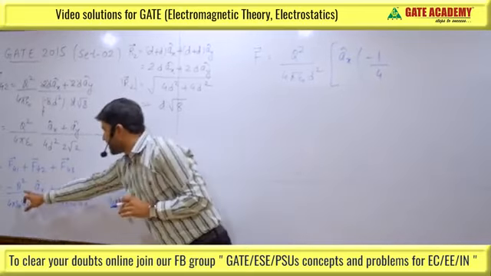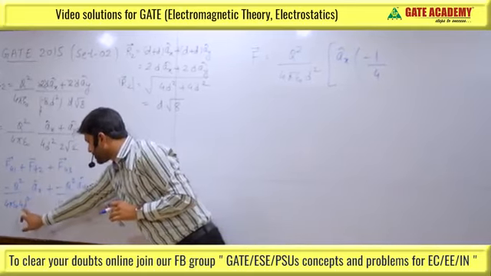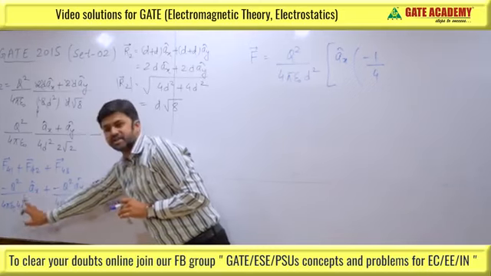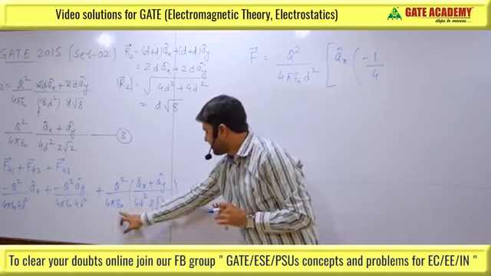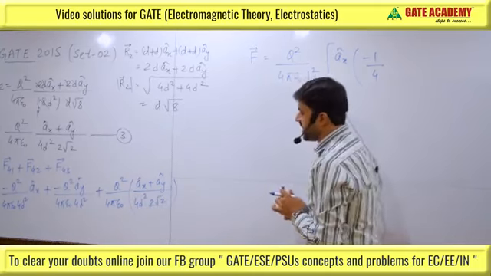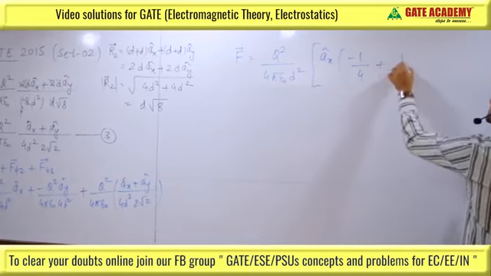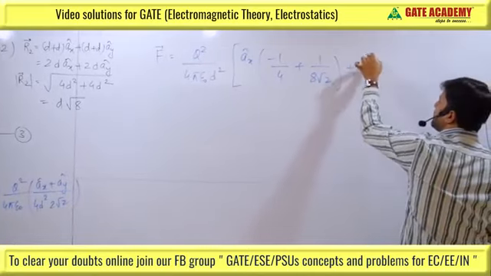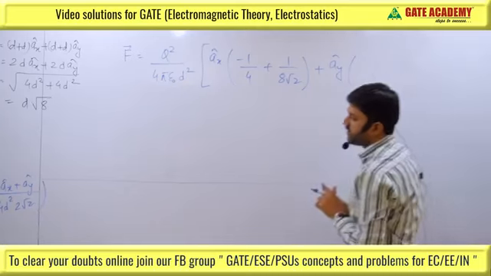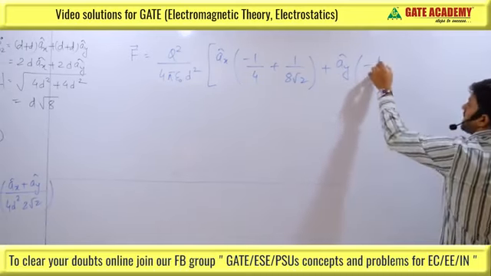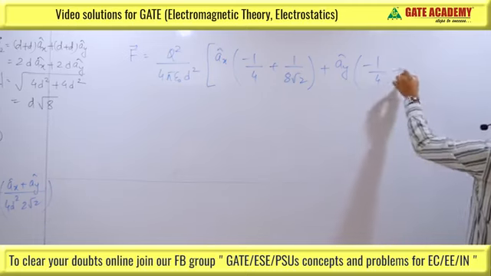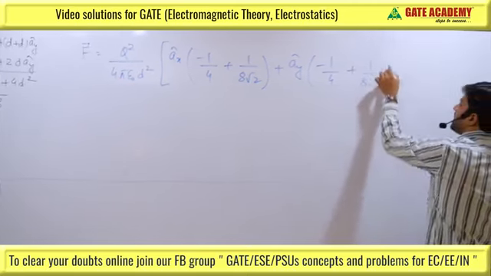If q square upon 4 pi epsilon naught d square is taken common, then we have the ax component, that is minus 1 by 4 plus 1 upon 8 root 2. Similarly for the y component, we will have minus 1 by 4 and again plus 1 by 8 root 2.